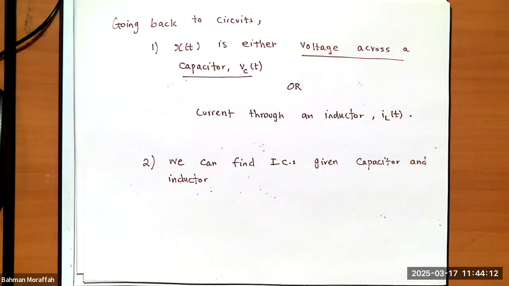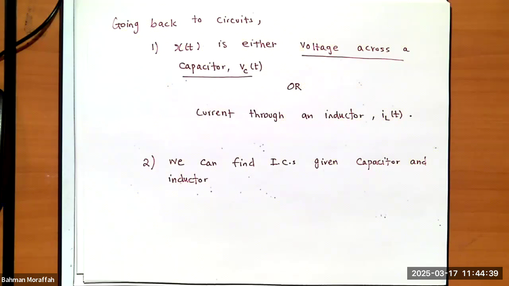What happens to a capacitor in a steady state condition? It means voltage across the capacitor is constant. And what happens to the current through it? Current becomes 0. And if the current through it is 0, what it means is that the capacitor is nothing but an open circuit.